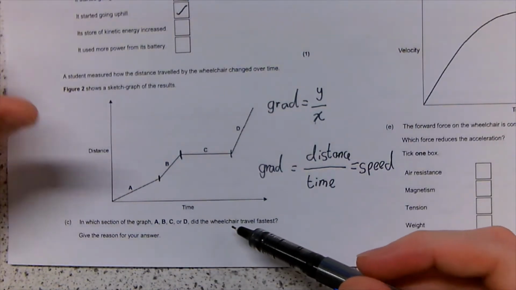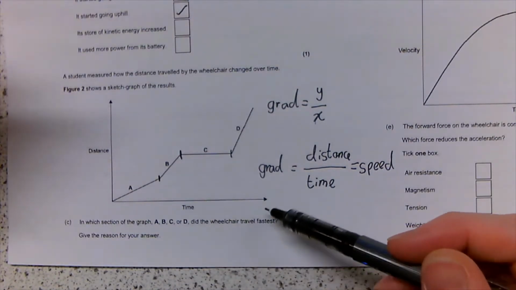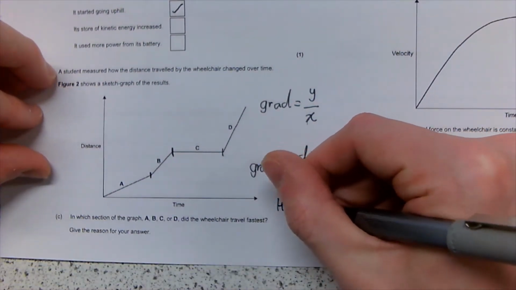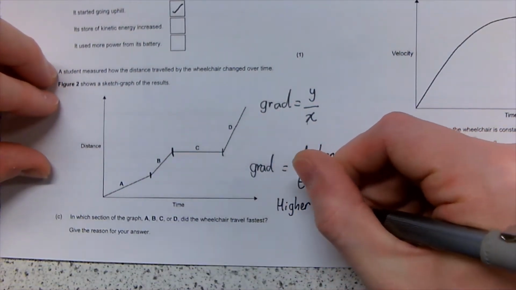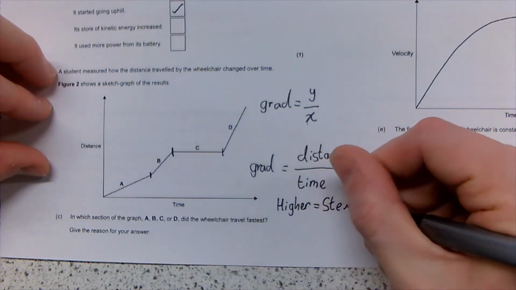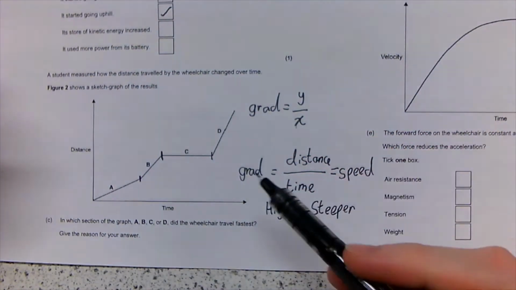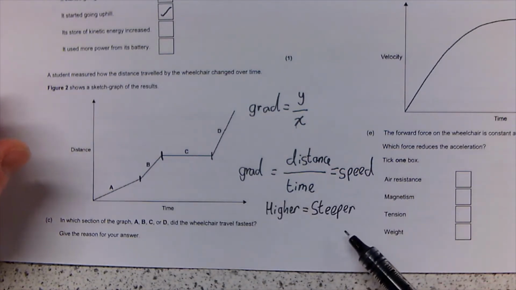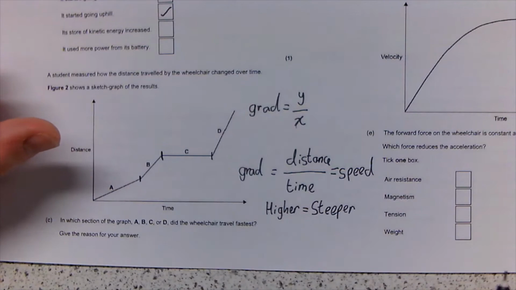Now I'm trying to find where the wheelchair is going at its highest speed, so where the gradient is highest. And higher gradients are steeper. So I'm looking for the highest speed, the highest gradient, and so the steepest line. And the steepest line is section D.